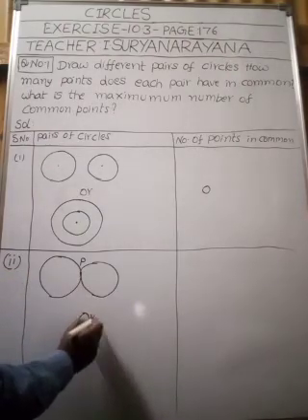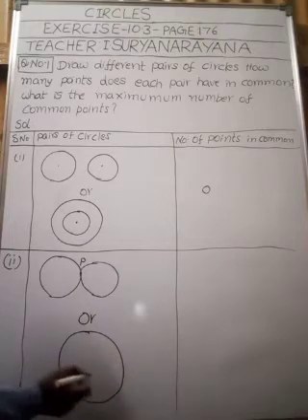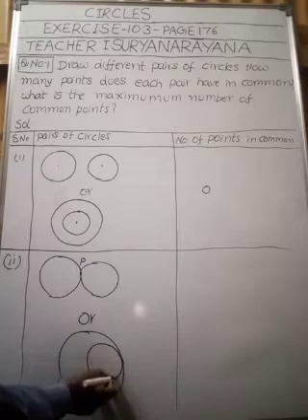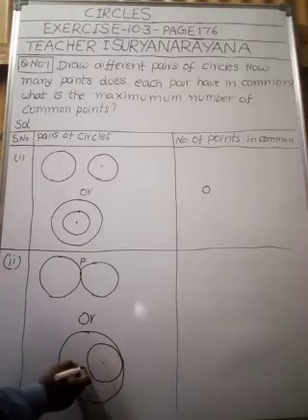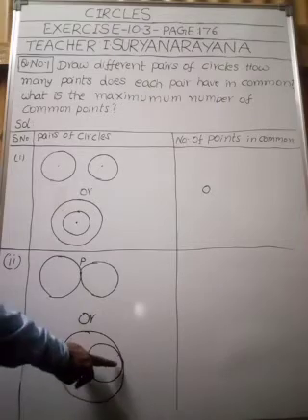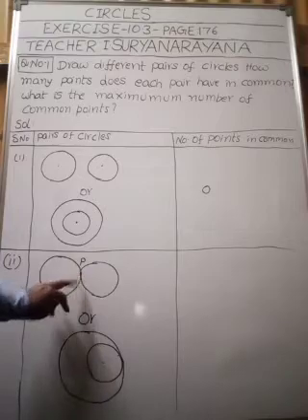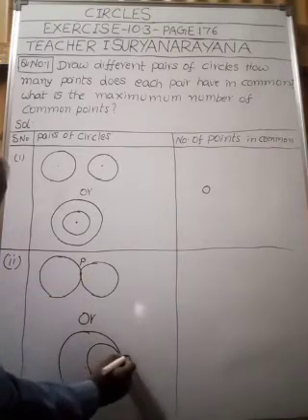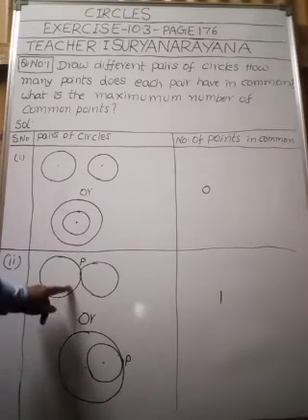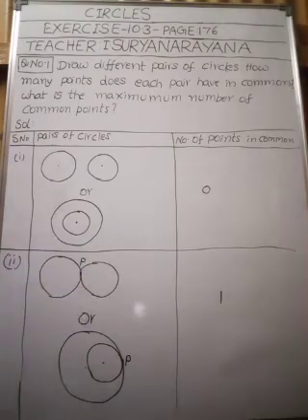Otherwise, one circle is touching the other circle inside. Here, that circle is touching the other circle outside. This is a point. How many points are there in common? Only one point in common. Understood these two cases, my dear children? Right.